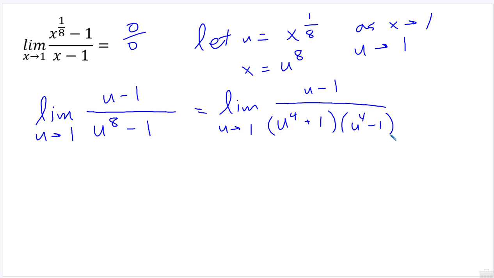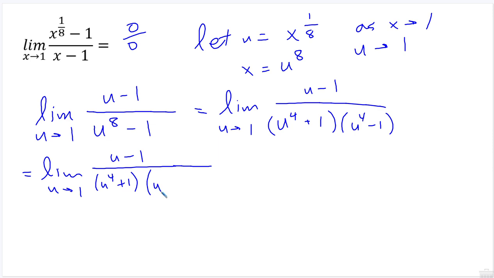And again, I have nothing to cancel yet, but we'll just take one more step down here. It's a limit as u approaches 1 of u minus 1 over, well, u to the 4th plus 1 doesn't factor in a way that's useful to us here. But u to the 4th minus 1 does. That's u squared plus 1 and u squared minus 1, which I hope you see where this is going now.